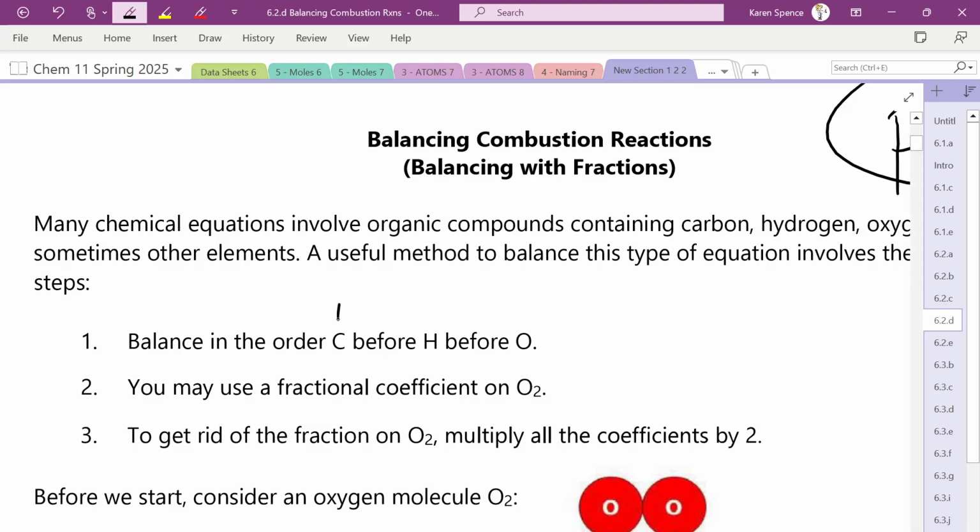You're going to balance C first, you're going to balance H second, and you're going to balance O third. Okay? It spells C-H-O. Cho. That's the order you want to balance your elements in.